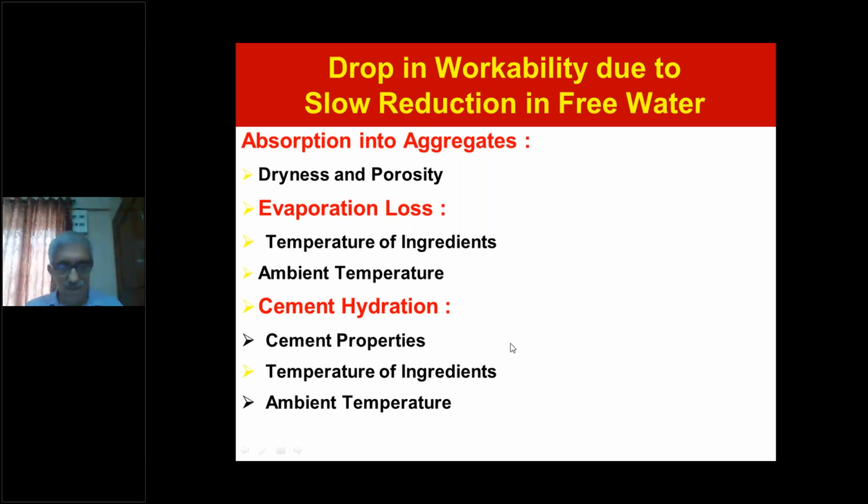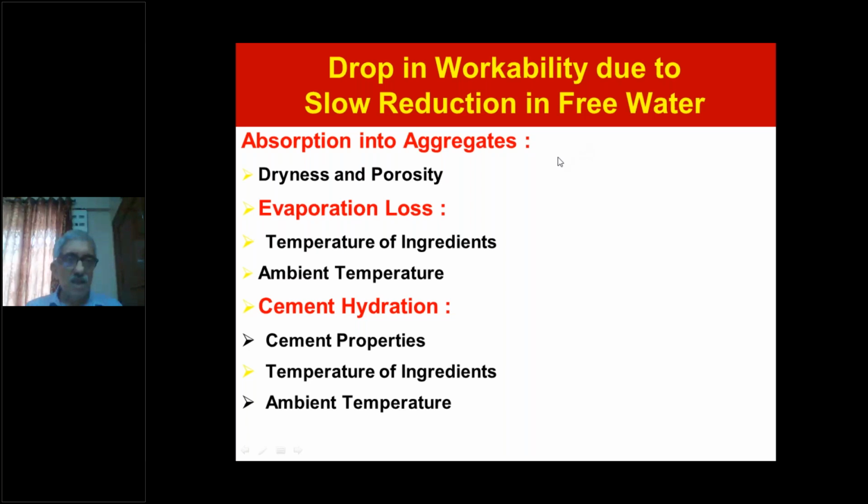Hydration of cement also depends on the temperature of the ingredients, the temperature of the cement, and the ambient temperature at the time when concrete is being mixed or agitated in the transit mixer.